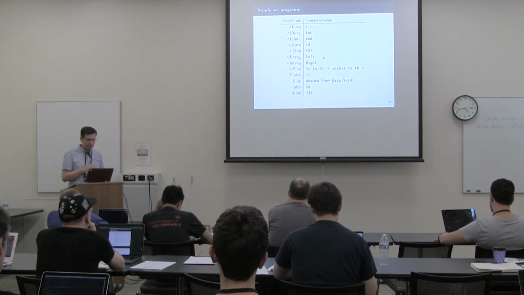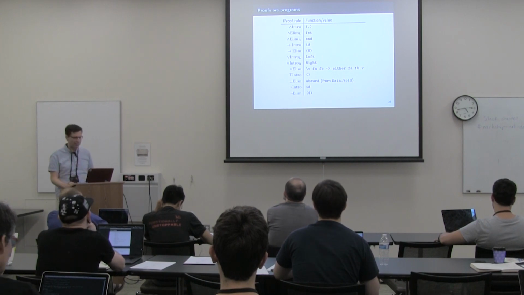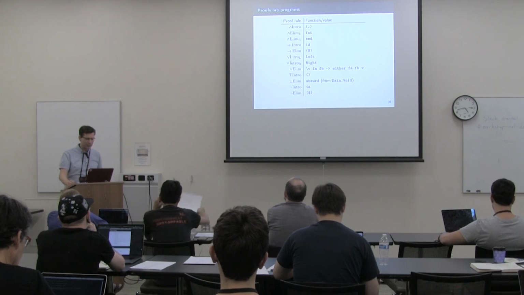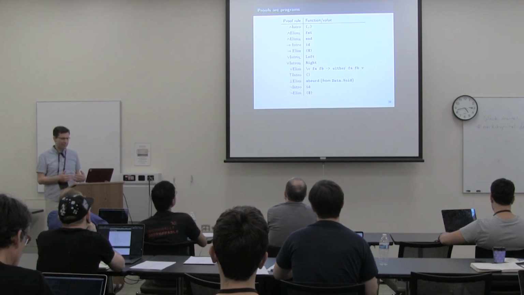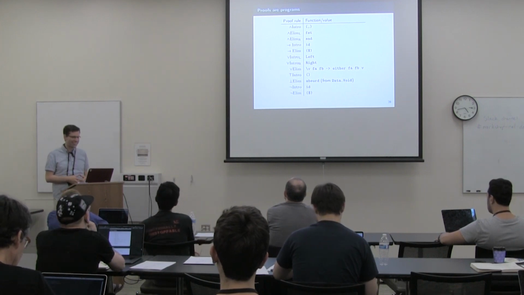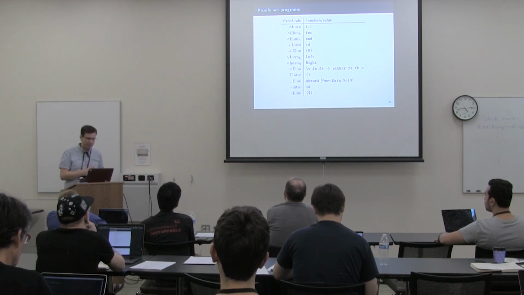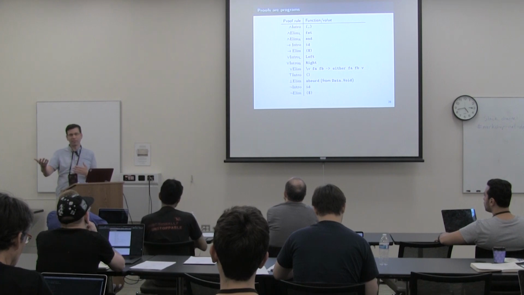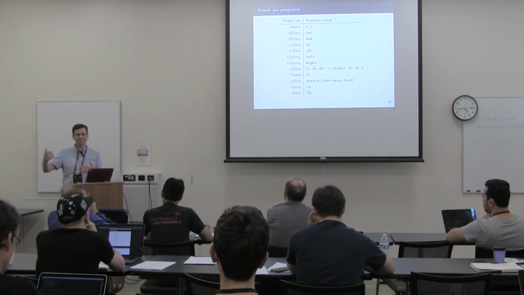Or introduction left. Someone asked, how can you get something out of nowhere with or introduction? Well, you can use the Left constructor in Haskell. And so if I wrap something in a Left, I don't have anything on the right, but I do have a type that represents what's on the right.